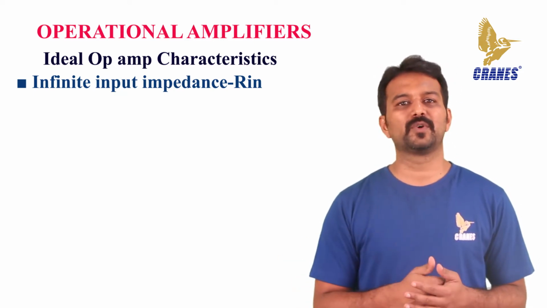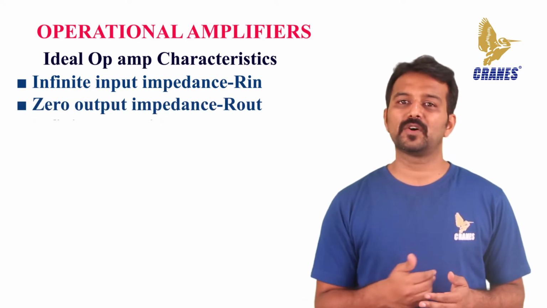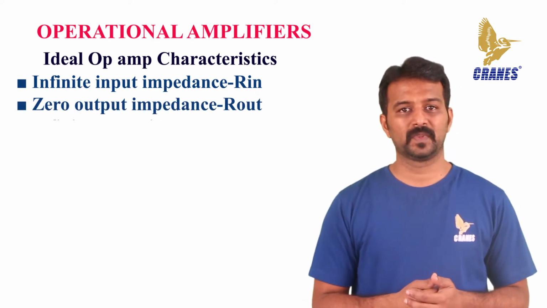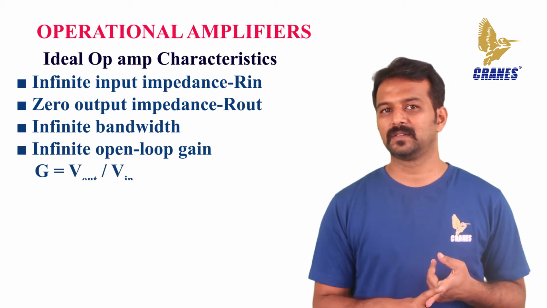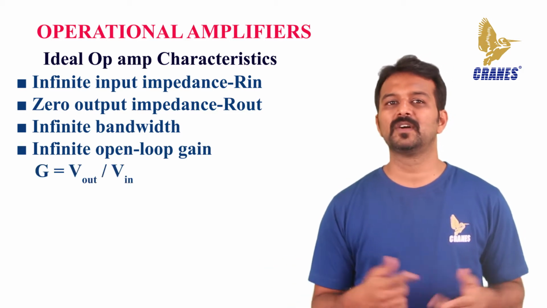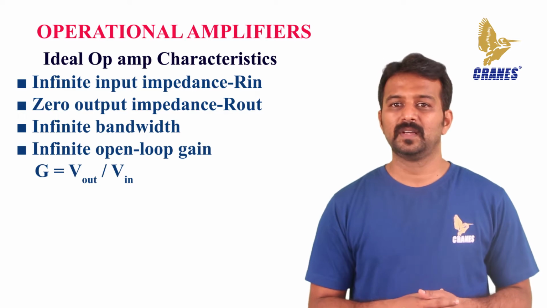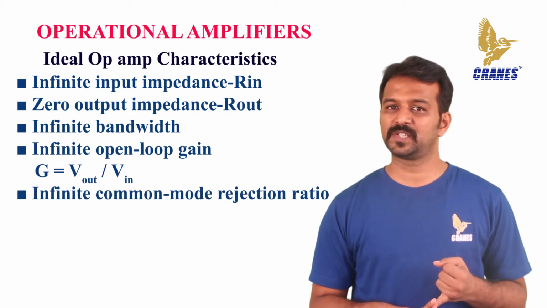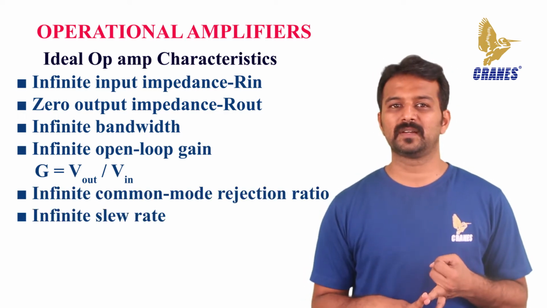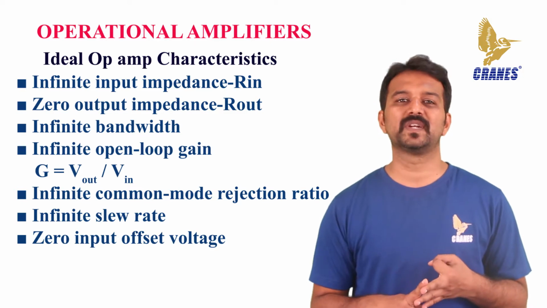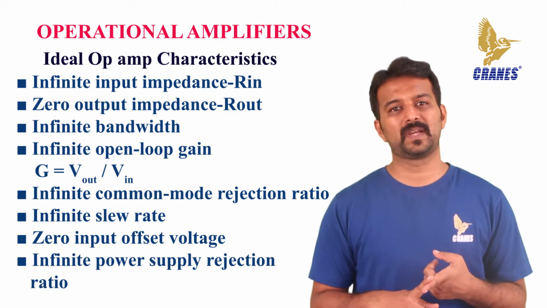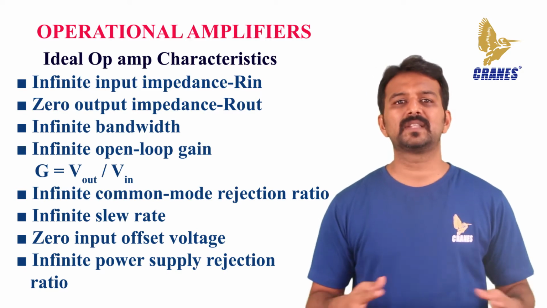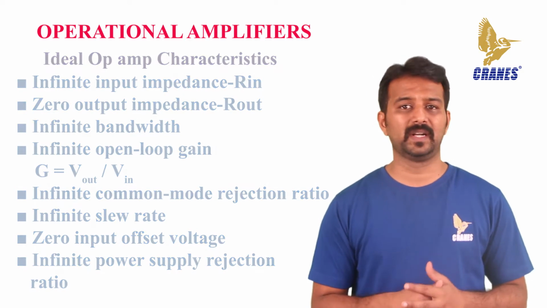So there is zero input current, zero output impedance Rout, infinite bandwidth, infinite open loop gain, which is G, that is Vout by Vin, infinite common mode rejection ratio, infinite slew rate, zero input offset voltage, and infinite power supply rejection ratio. Let us see these one by one in detail.